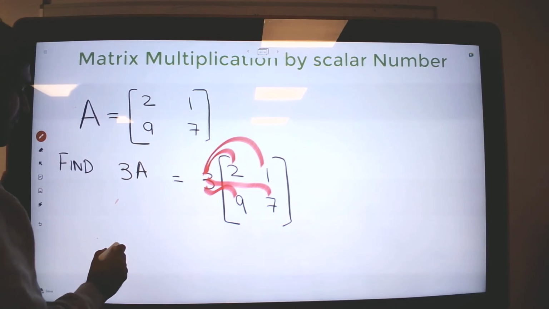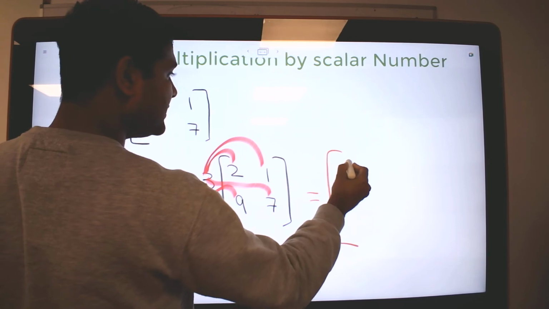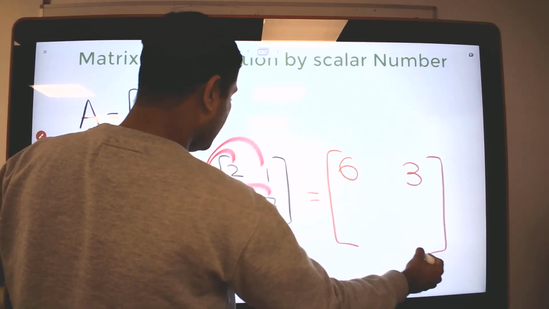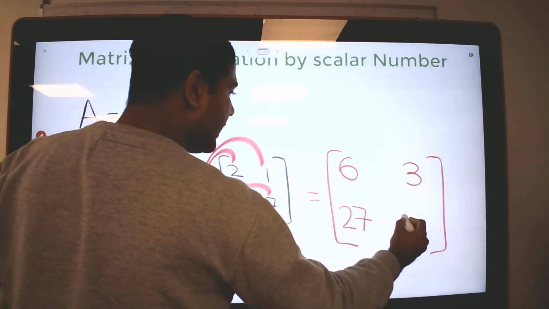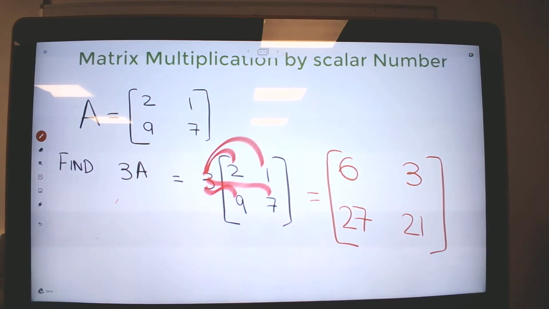That will give me 3 times 2, which is 6, 3 times 1, which is 3, 3 times 9, which is 27, and 3 times 7, which is 21. This is how matrix multiplication is done with a scalar number.